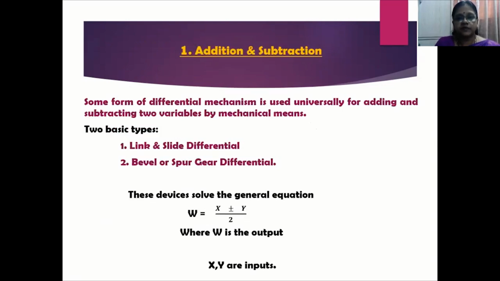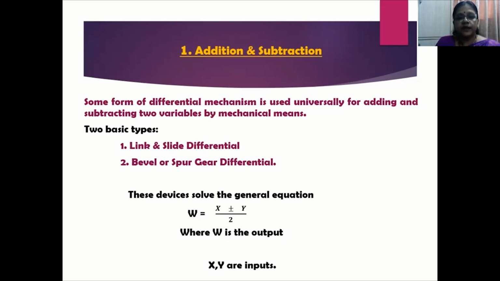Now coming to the first algebraic operation, that is addition or subtraction. Some form of differential mechanism is used universally for adding and subtracting 2 variables by mechanical means. 2 basic types in this particular differential mechanisms are link and slide differential, bevel or spur gear differential.